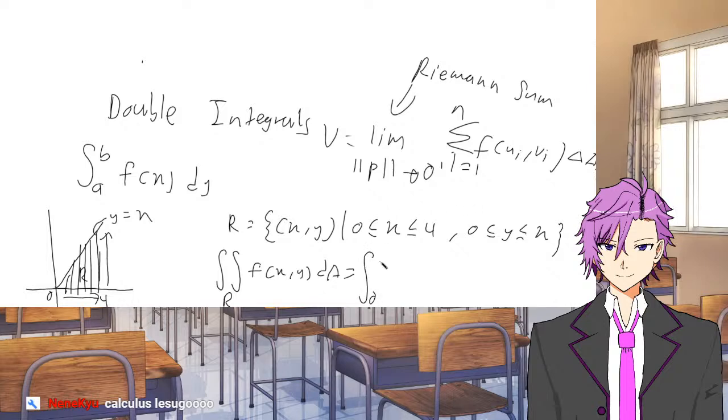So from 0 to 4, and then make another integral from 0 to x of f(x, y), but this time, since we've already put the limits inside the integrals, we'll use the range from 0 to x. If you want to integrate, this will be in terms of y, so dy, and then integrate from 0 to 4, so this will be dx.